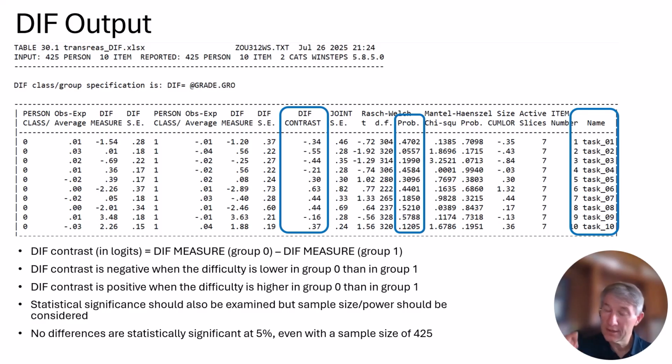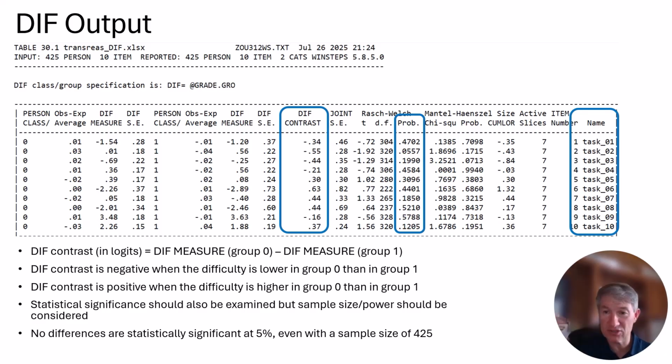But it is best practice to go beyond just statistical significance and also look at the size of that diff contrast and contextualize it. So for example, I'll pull out the biggest one. One of the diff contrasts is negative 0.55 logits. How do we know if that's big enough to be worried about or not?